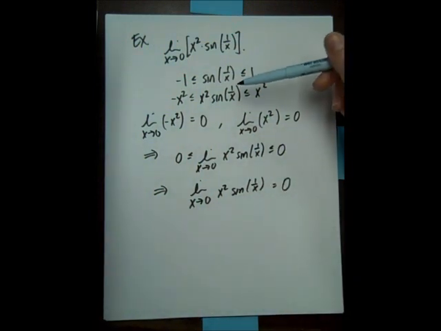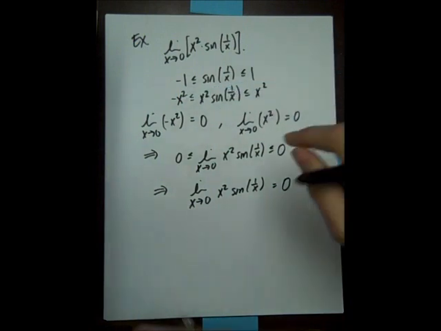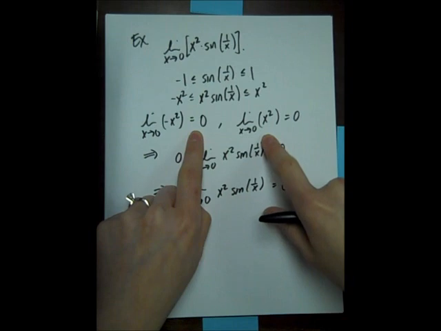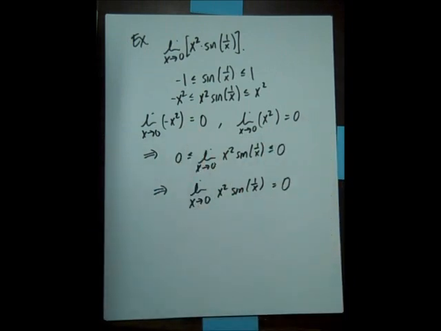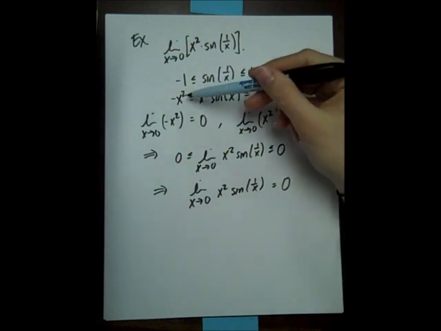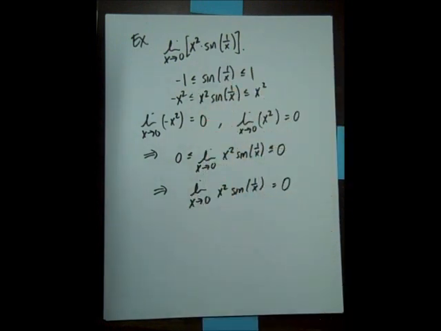So again, I've bounded my function by something below and something above that had the same limit, which means all three of them have the same limit, which was 0. That's what the squeeze theorem says: if I can bound it below and above by something with the same limit, then the original limit is also that number. Okay, so that's the squeeze theorem.